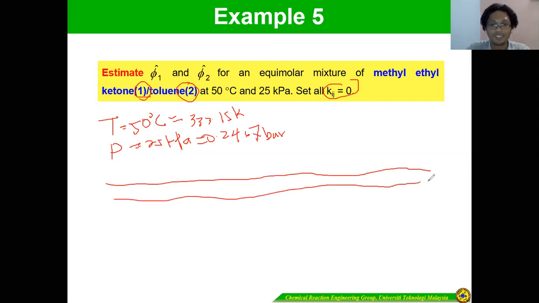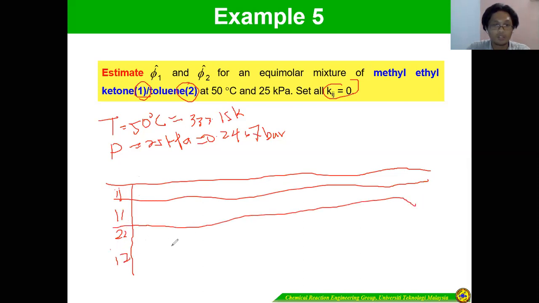This one is for the component ij. Please remember, 1 is a pure species, 2 is a pure species, and 12 is the mixture.